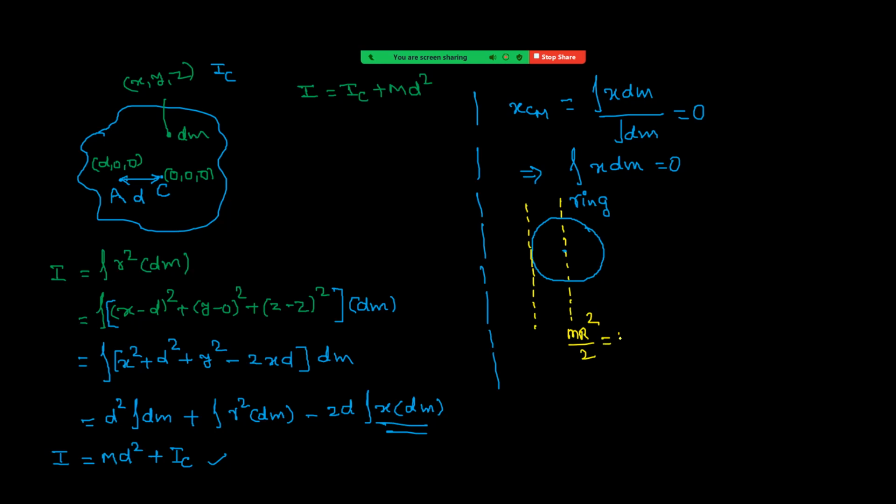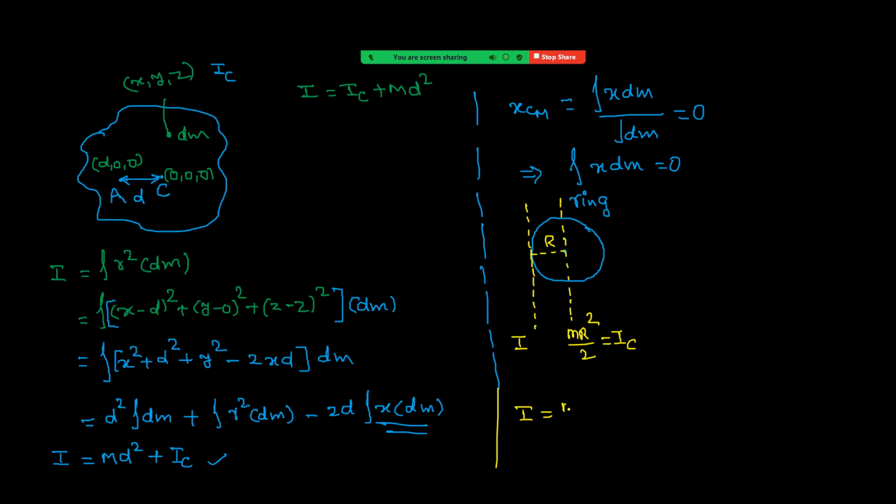This is nothing but IC because this axis is passing through center of mass. About this, that is I value, which we want to calculate. Between these two axes, separation equal to R. Therefore, I equal to IC plus MR square or MD square.